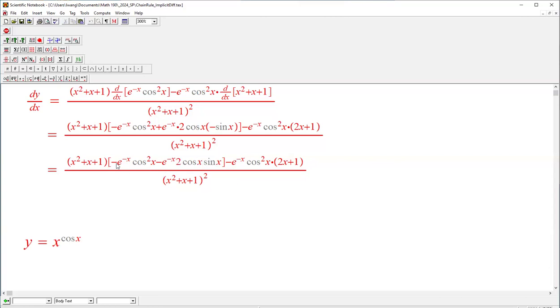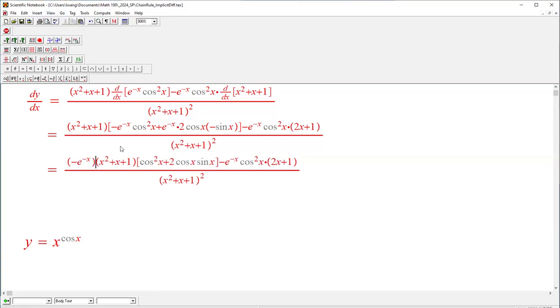And so what we can do is factor out negative e to the power negative x from the bracket. So we're going to factor out this piece. So that's going to be turning into positive. So negative e to the power negative x needs to be in parentheses. And we can bring the whole of it to the front.